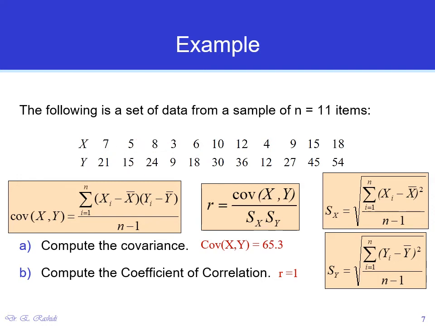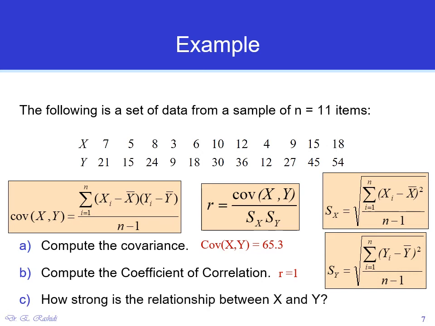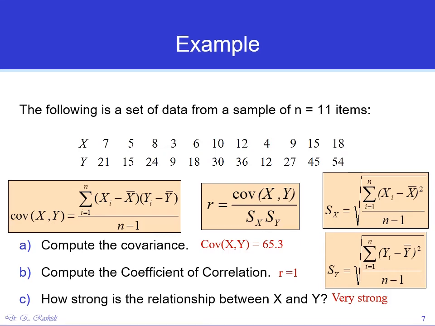So there is a perfect relationship between x and y. In fact, y is 3 multiplied by x. So that's why the coefficient of correlation is 1. Next, how strong is the relationship between x and y? The strongest, very strong, because r is 1. But we couldn't tell that with the covariance of 65.3.